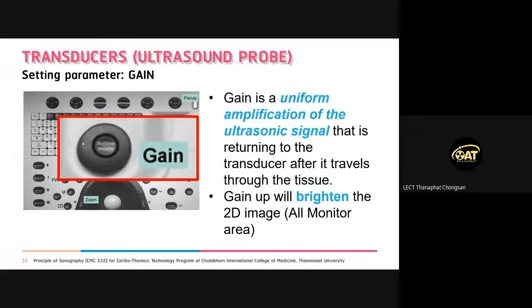Okay, this is gain. This parameter adjusts the brightness of the overall monitor. Gain will increase the brightness of the image, but it increases it across the whole monitor area.